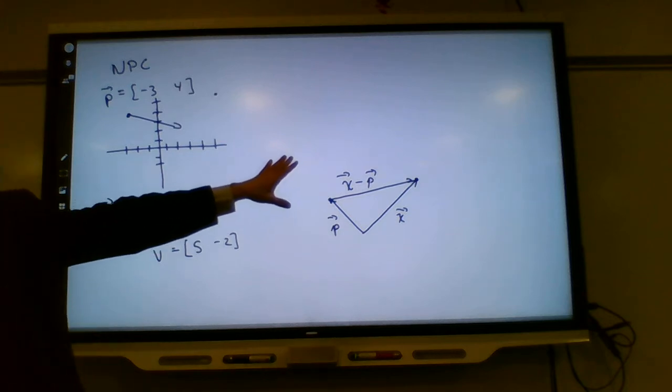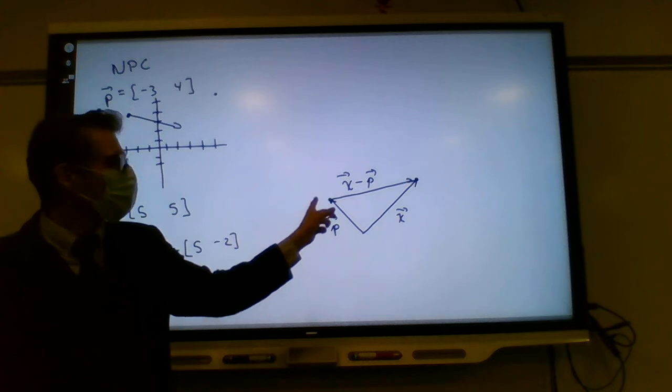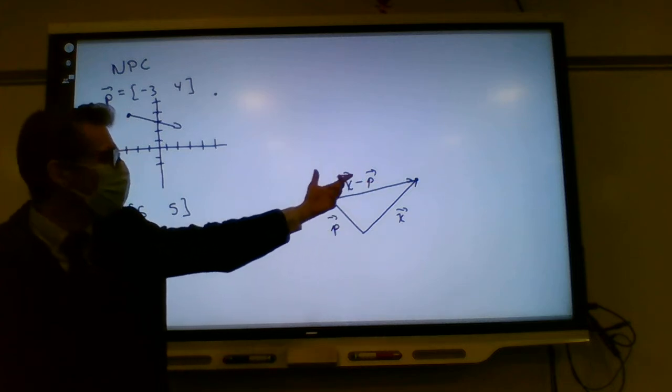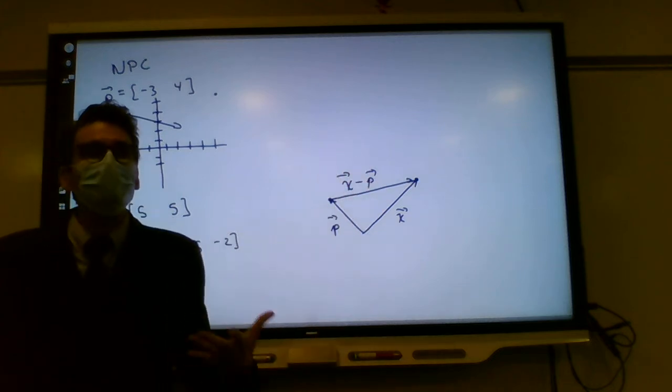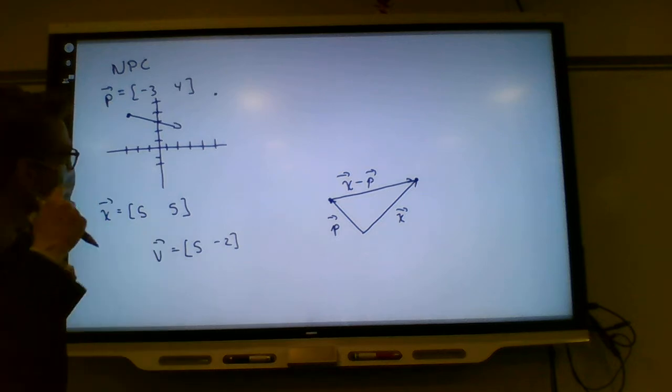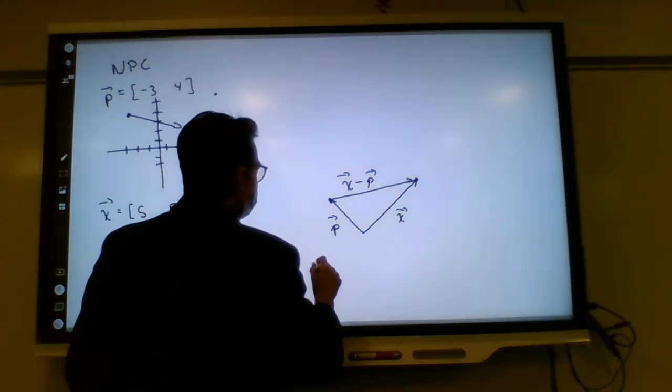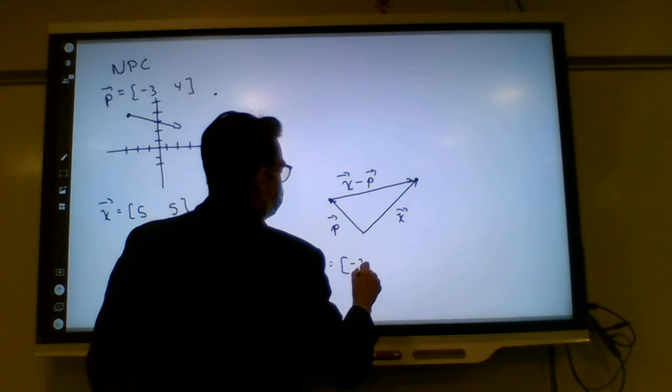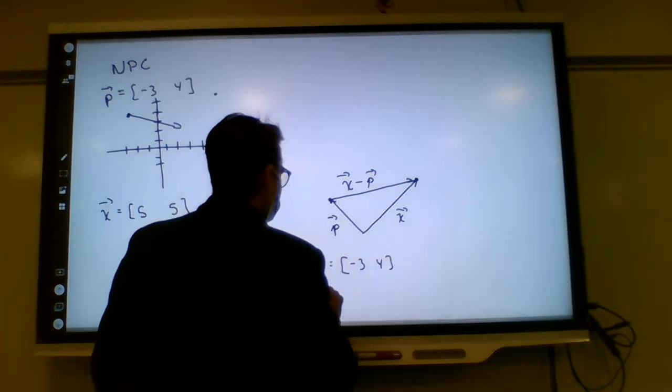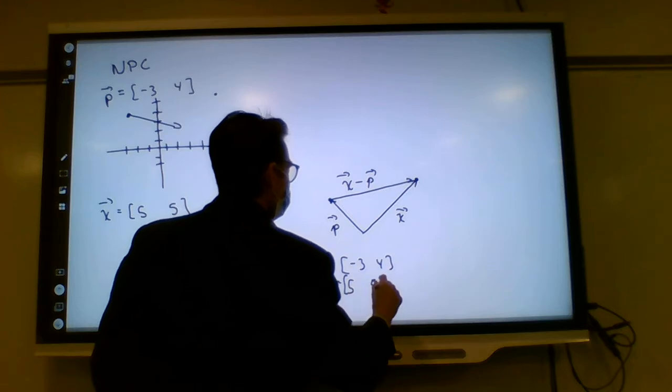So we can write down, because p is a vector and x is a vector, we can calculate x minus p. It makes sense to subtract a vector from another vector. Well, vector p was -3, 4. Vector x was 5, 5.